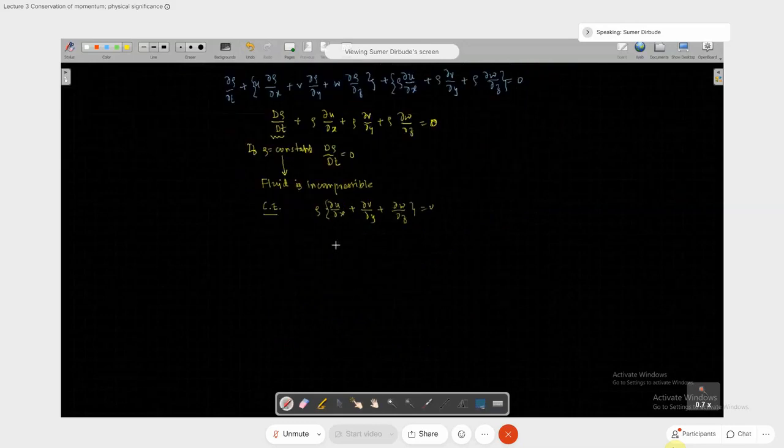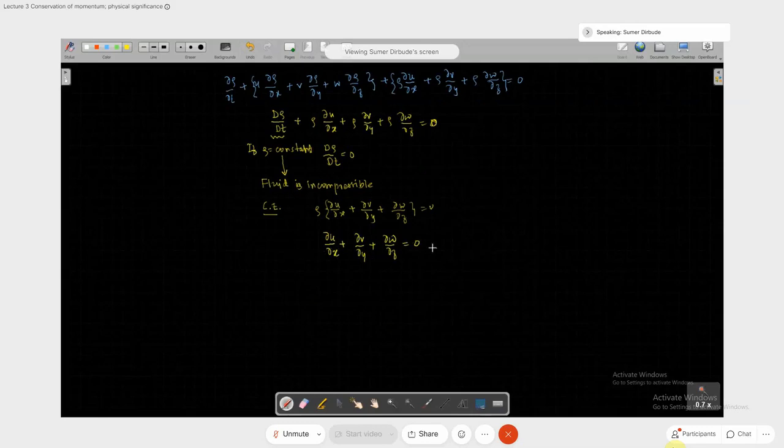So we finally write in a simplified form ∂u/∂x plus ∂v/∂y plus ∂w/∂z equals 0.